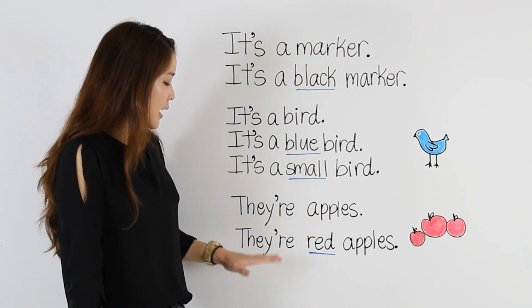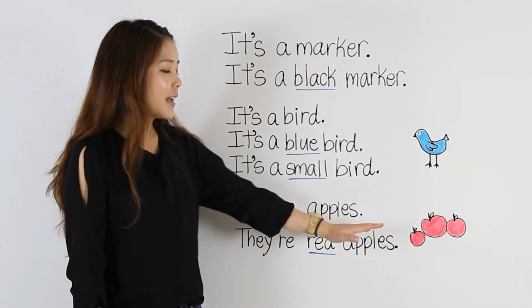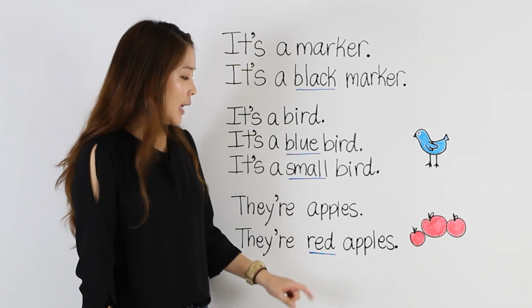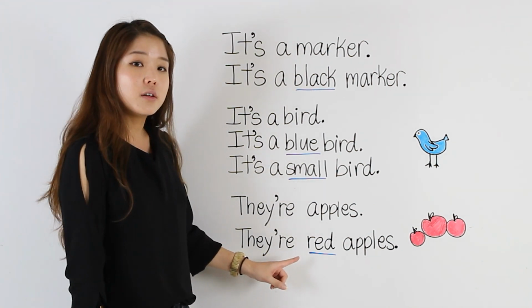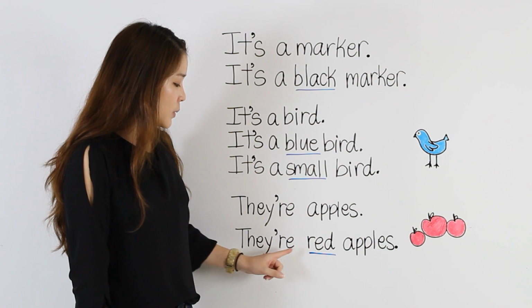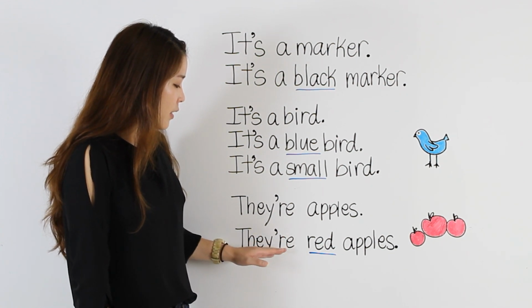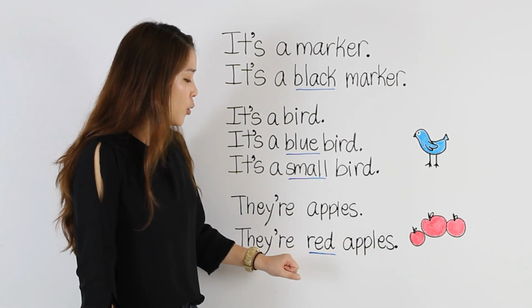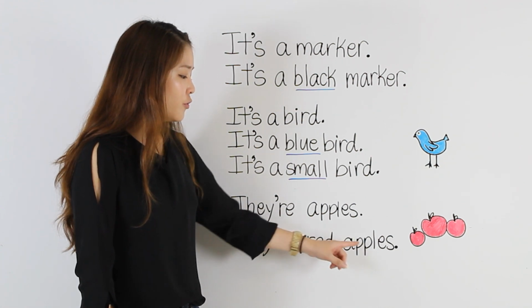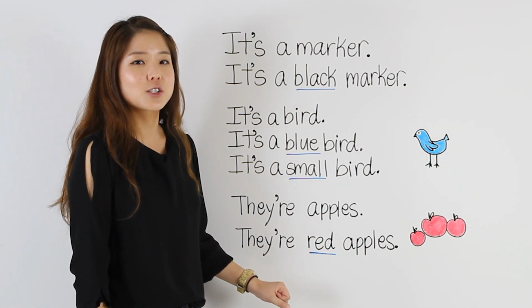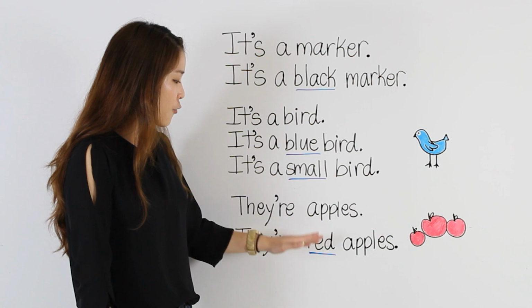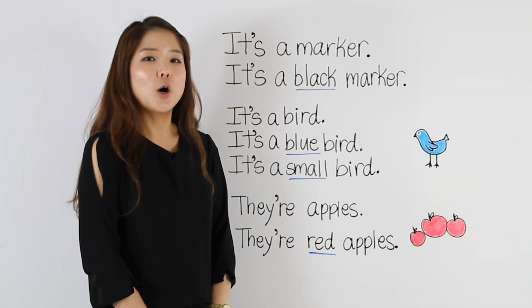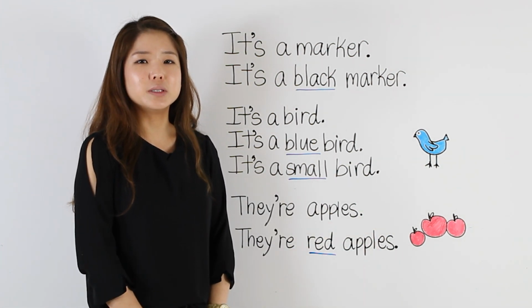So I'm going to say they're red apples. Okay, here there's no article. There's no a. That's because there's more than one. So I just have to put the adjective before the noun that it's describing. Okay, let's move on to some more examples.